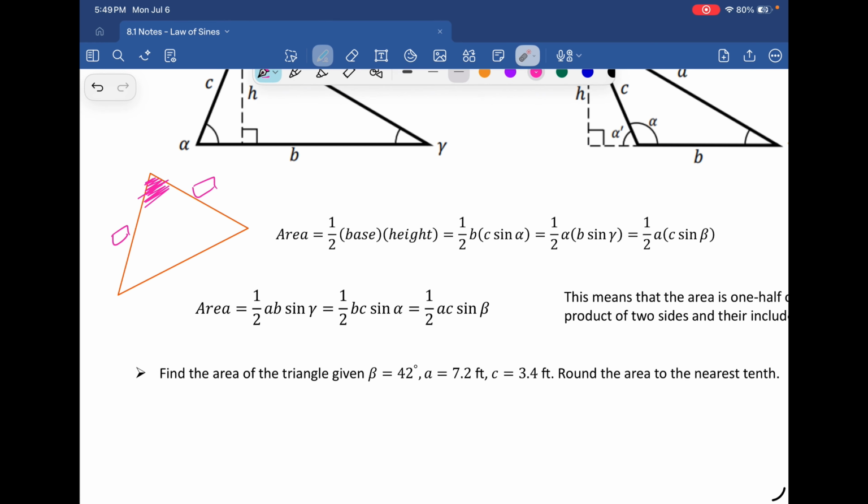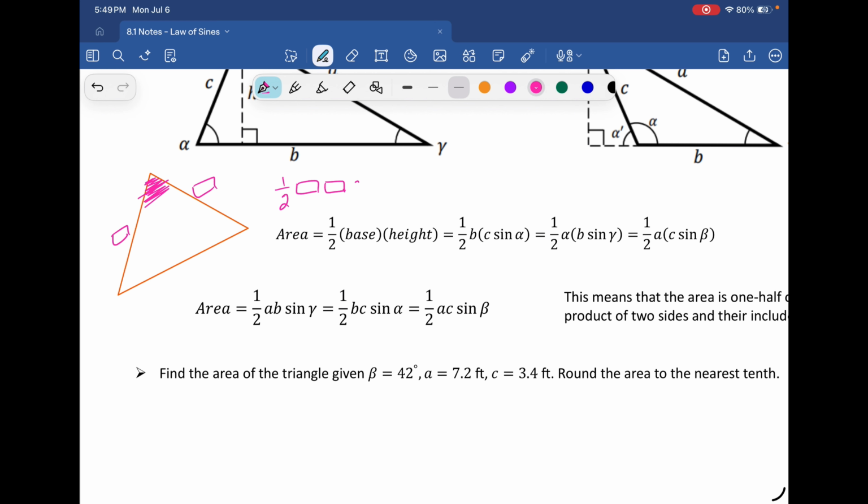So I could find the area of this triangle by doing 1/2 side I know, other side I know, times the sine of my angle. That's what all this is.